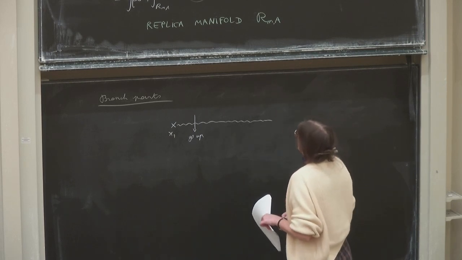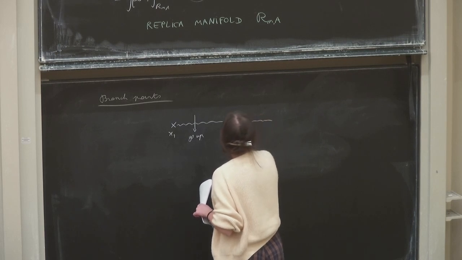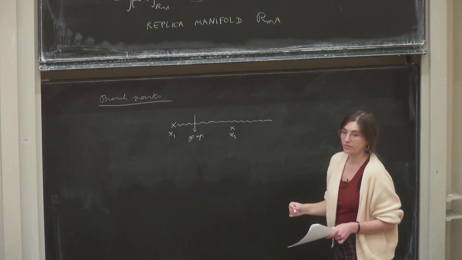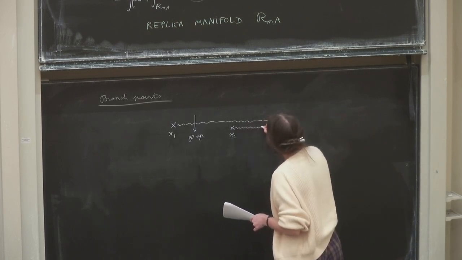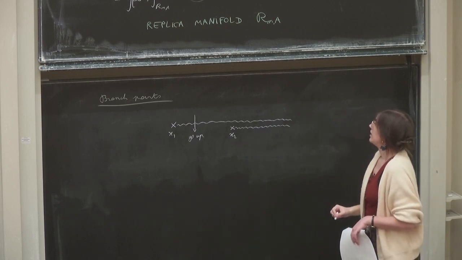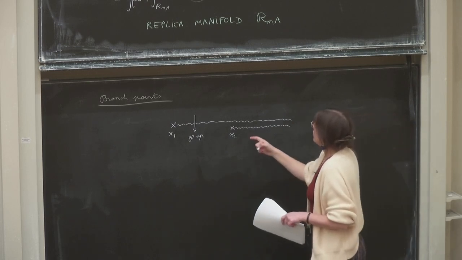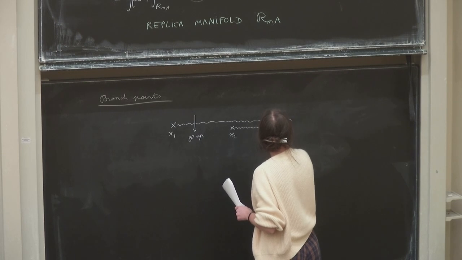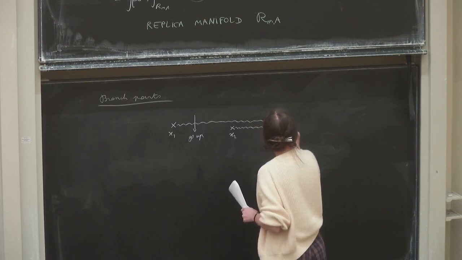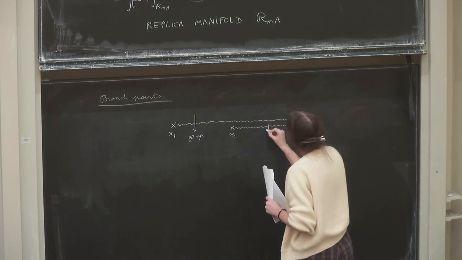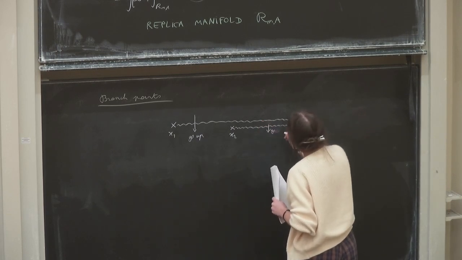And then you have a second branch point in x2. It also has its branch line. But here, you go up in the other direction. So this is now going up. Or said otherwise, if I move in this direction, I go down.